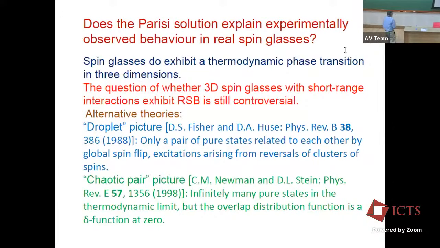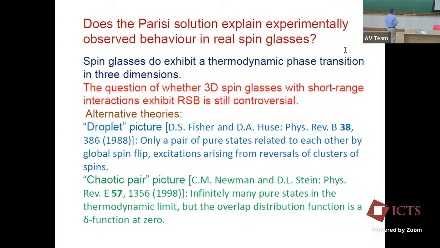So I think now there is some kind of a consensus that 3D short range models will have a spin glass phase, whereas 2D short range models do not have a spin glass phase. They have some kind of an incipient transition at T equals 0. At low temperatures, there are some interesting phenomena associated with that correlation length becoming large, but there is no spin glass phase as such.